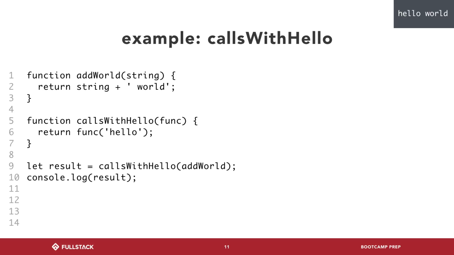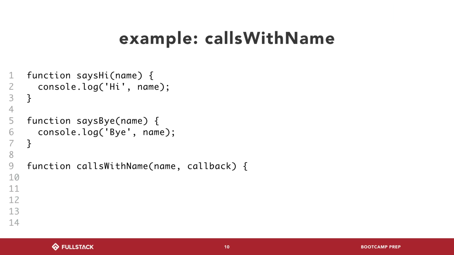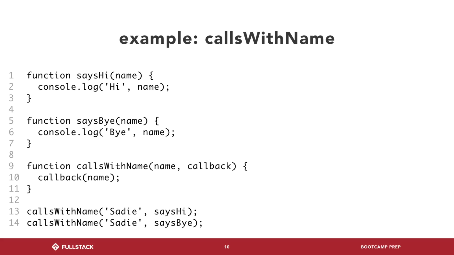But notice how we also capture the output of calls with hello in this variable called result. In the previous slide, we never return anything, so we don't need to worry about capturing the output. We just run calls with name twice, and what we care about is what logs out.